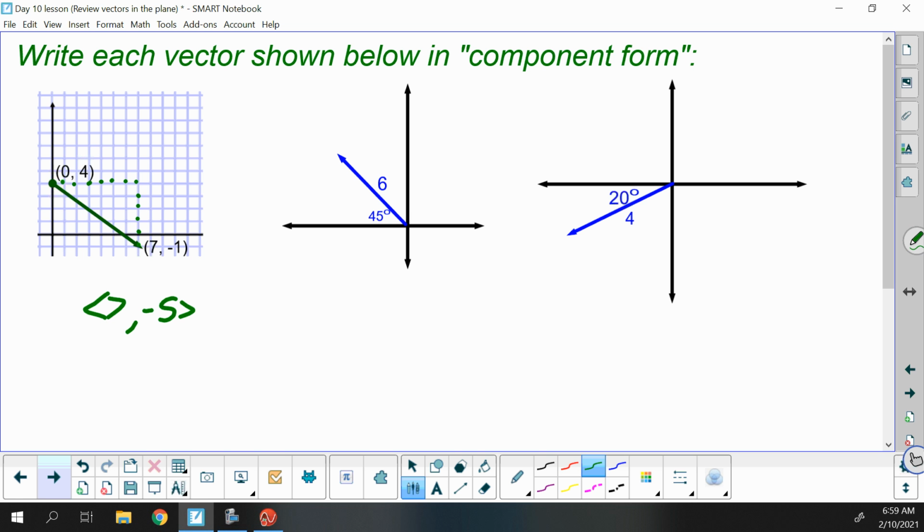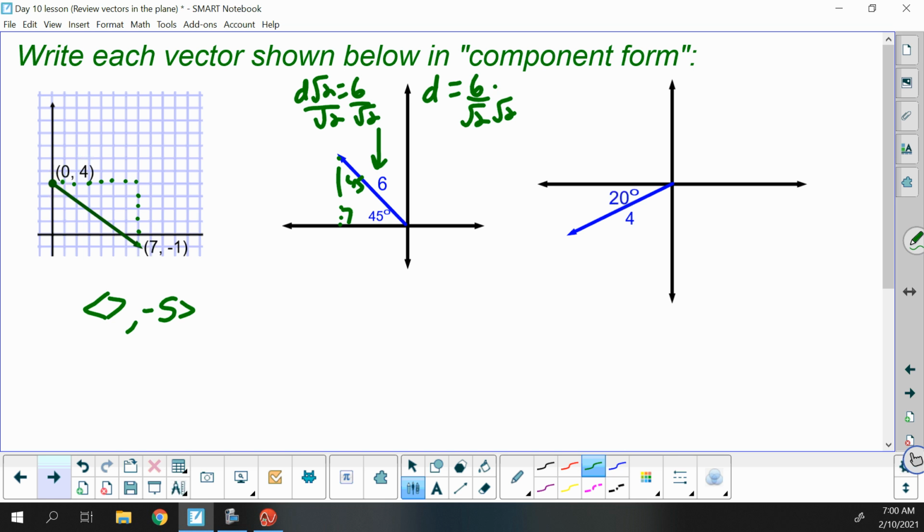It's a little bit trickier when we have angles. So this is a 45, 45, 90 triangle. Normally across from 45, we have d square root of 2. So if we divide both sides by square root of 2, d is equal to 6 over square root of 2.